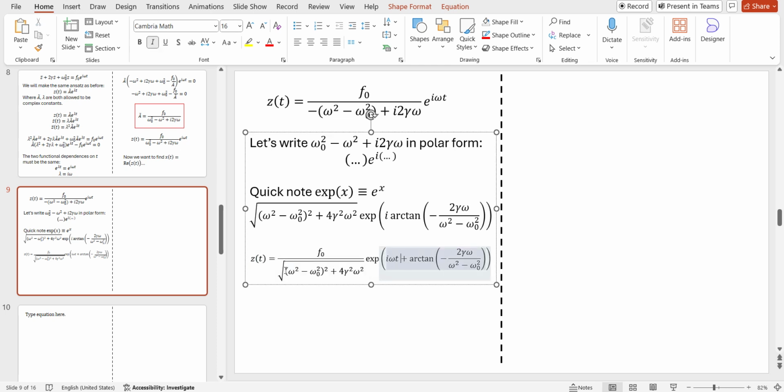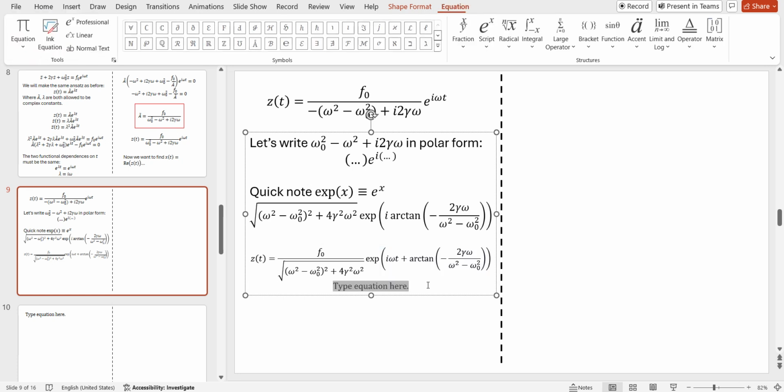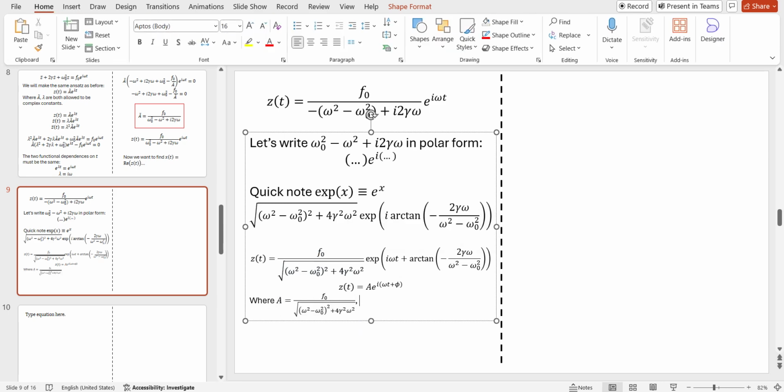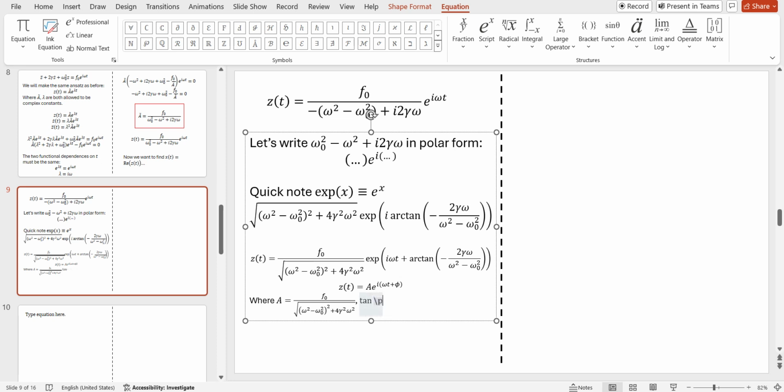So in other words, another way to write this is z of t is A e to the i (omega t plus phi), where A equals all this, and tangent phi equals all this.